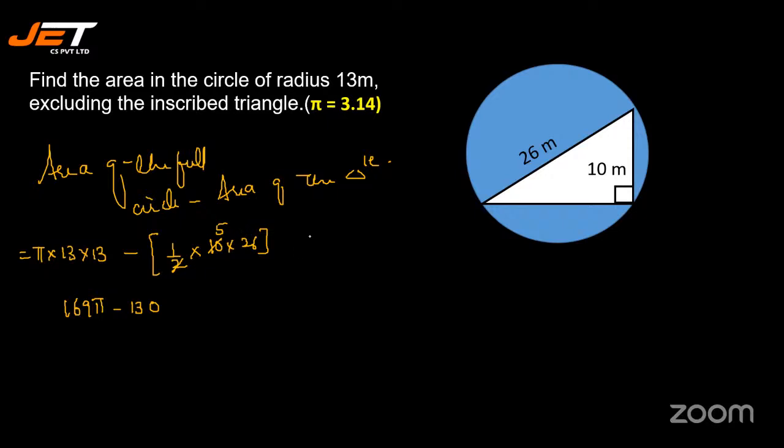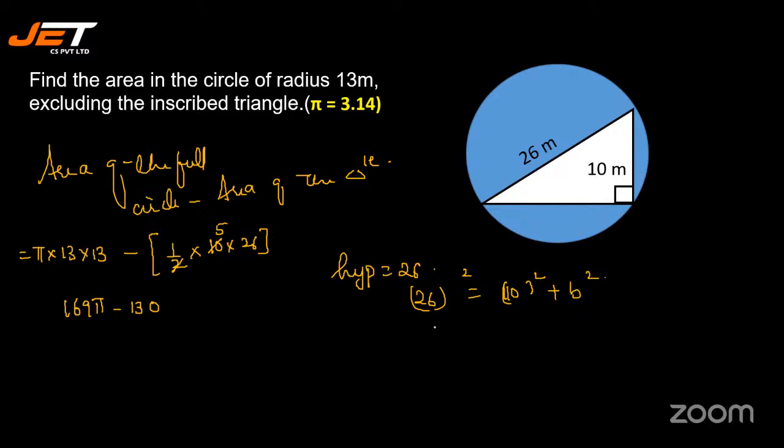Fine. So here the base is not 26, the hypotenuse is 26, right? So how do you find out the base? It is nothing but 26 square is equal to 10 square plus the base square.